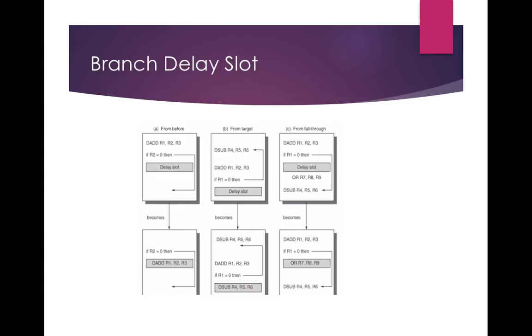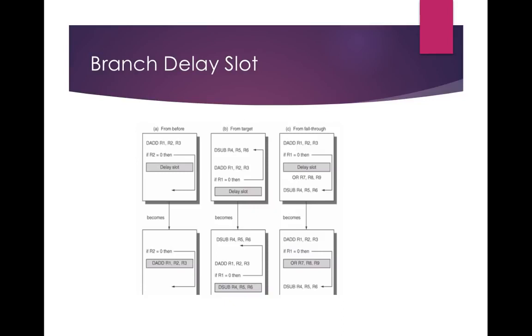In add R1, R2, R3 with the condition if R2 equal to 0, R2 is used only as an input for the add instruction, so that instruction can be put after the branch instruction. It is not a data dependence, so we can rearrange it.